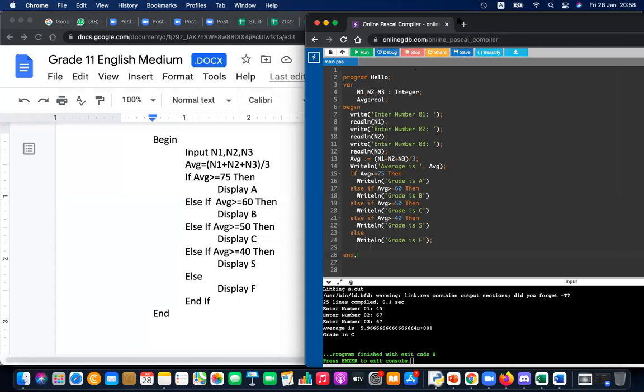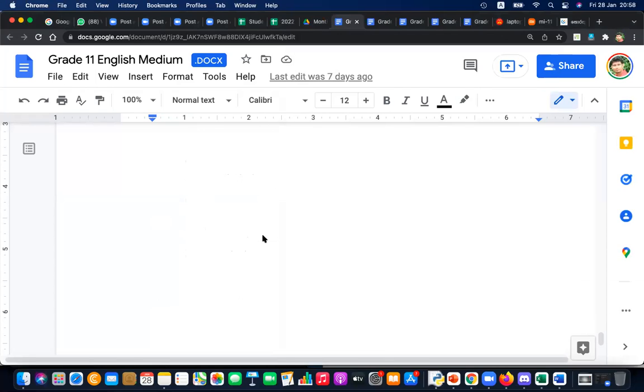Okay, so the third control structure that we are going to discuss is repetition. So let's write 3, repetition. Sometimes we call it iteration.